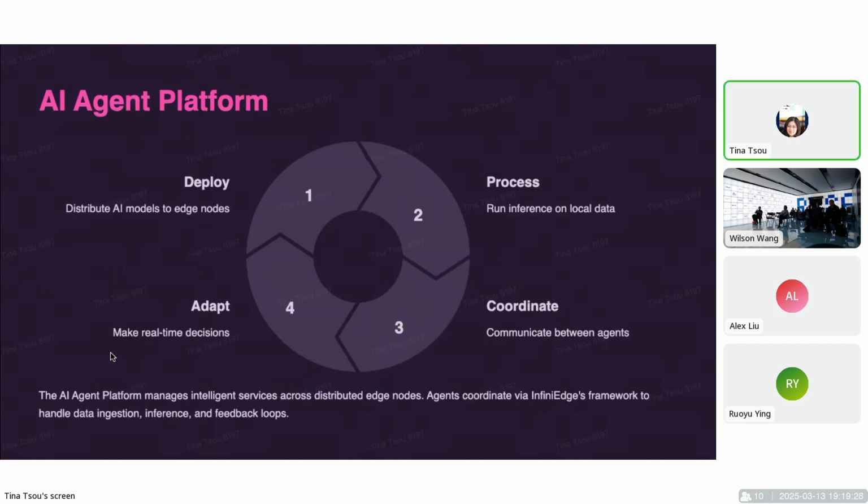Next, I want to highlight the AI agent platform and summarize the demonstration we have prepared. InfiniEdge AI's architecture in release 1.1 is built around the concept of AI agents. Think of these as intelligent services or modules that run either on edge devices or coordinating between edge and cloud. The AI agent platform is essentially the layer that manages these agents.